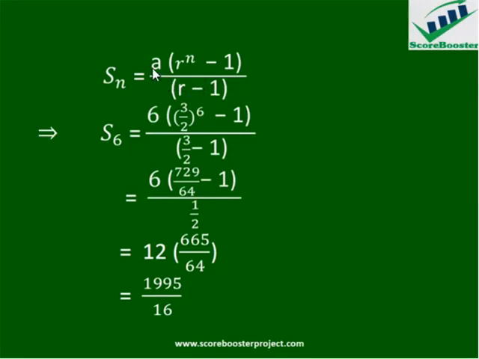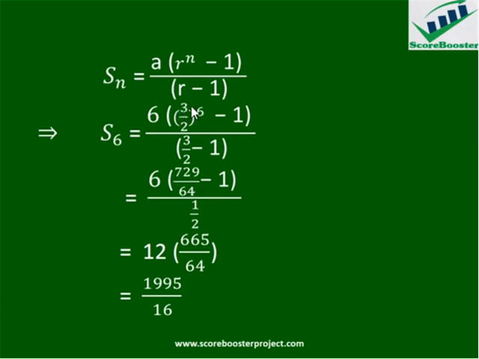We substitute the value of a, r and n. Since we are to obtain the sum of the first 6 terms, we know that n equals 6. So S6 will be equal to a, 6, multiplied by r, 3 over 2, raised to the power of n, which is 6. We subtract 1 from that, divided by r minus 1.